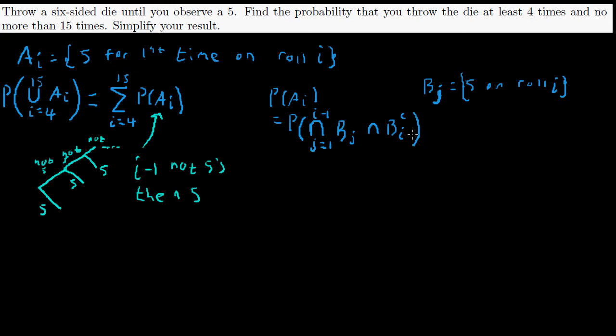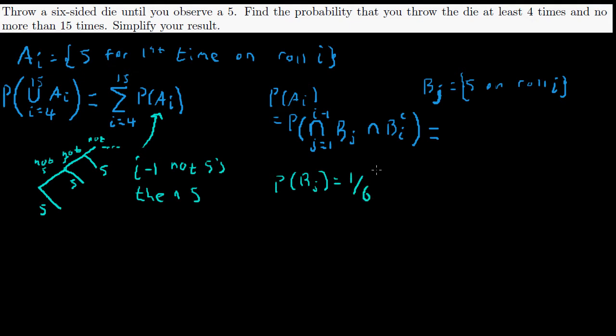So all we're saying here is I did not get a 5 on rolls 1 through i minus 1, and I did on roll i. But these events are all independent, so I can multiply all these probabilities together, right?